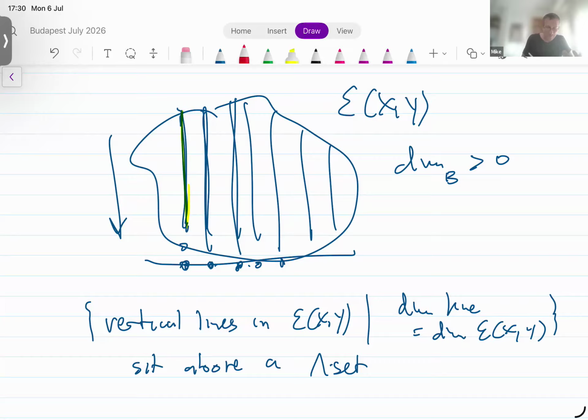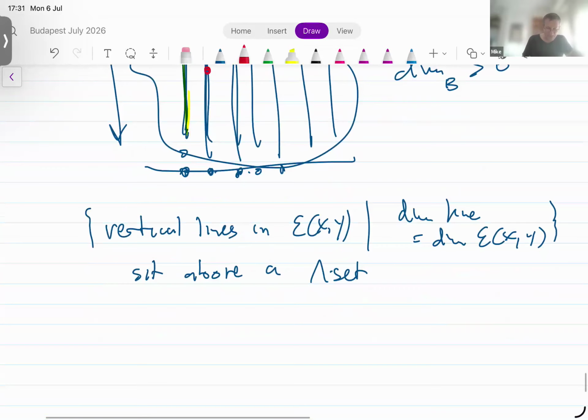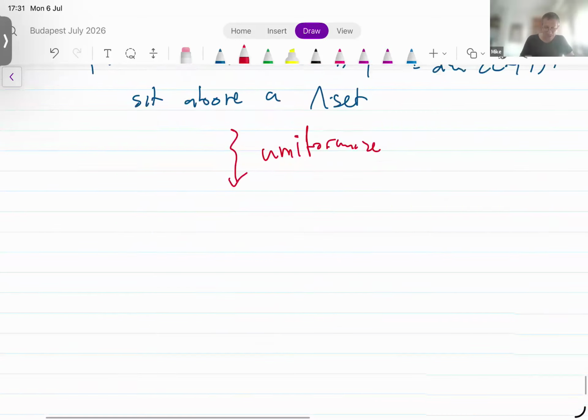The problem is that these vertical lines might have positive dimension concentrated on a tiny little ball. The way that the dimension is positive on each of them can be very different. And you need to do a step that uniformizes it. And you can do it. You can make sure that most of these strips look sort of the same.